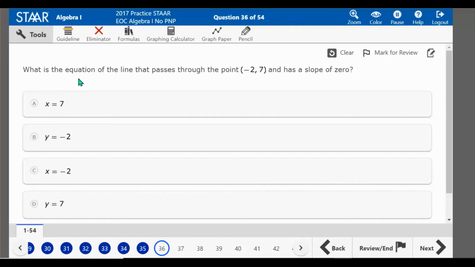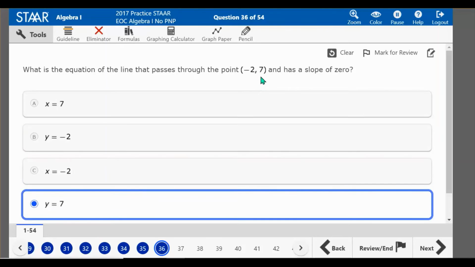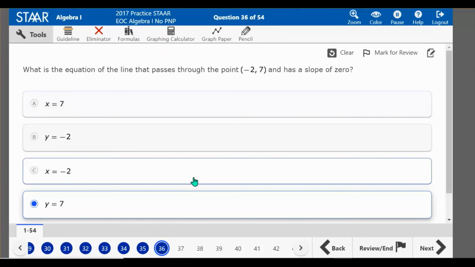A slope of 0 is a horizontal line. So we know it can't be A or C. Our answer has to be D, because if we look at the y coordinate, it's 7. So it's D, number 37.